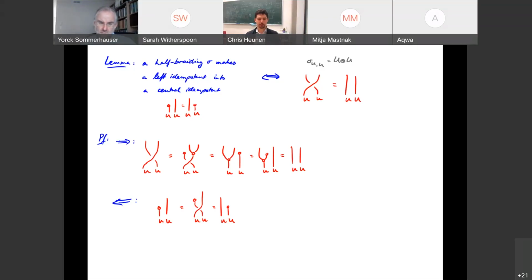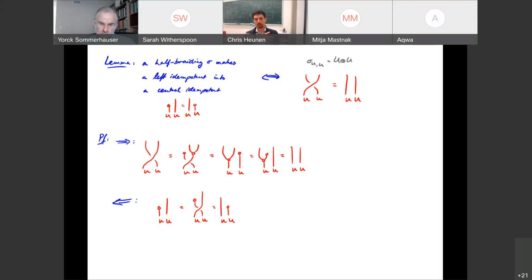So going from left to right, let's just start at the swapping of u with itself, and let's start rewriting it to see that we can make it into the identity on u tensor u. First, I'm going to use that copying u and forgetting about u are really inverses, which was part of the definition.